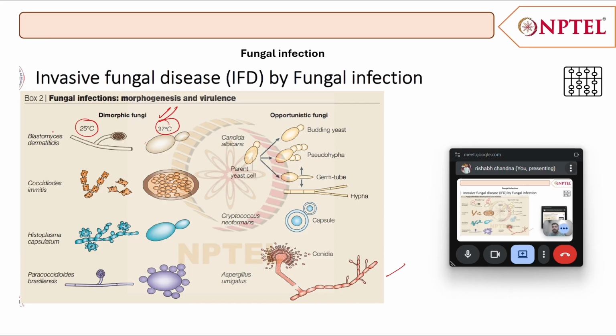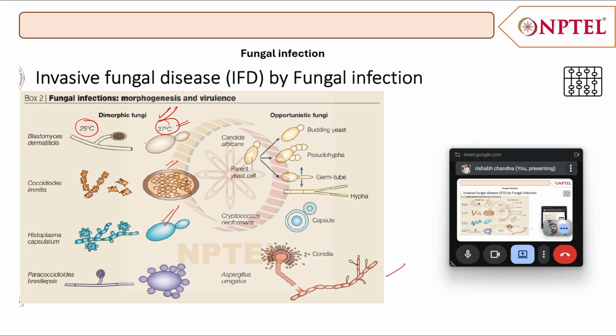For example, we have Blastomyces dermatitidis, which can grow at 37 degrees Celsius. We have Coccidioides immitis that grows as cocci, that means in circles, at 37 degrees Celsius. Then we have Histoplasma capsulatum that also grows in size at 37 degrees Celsius.